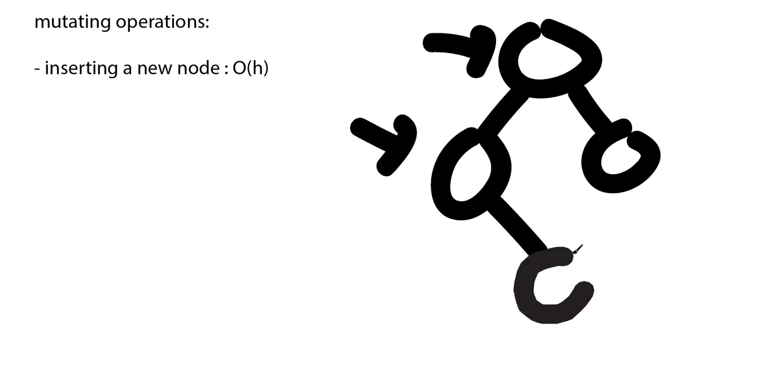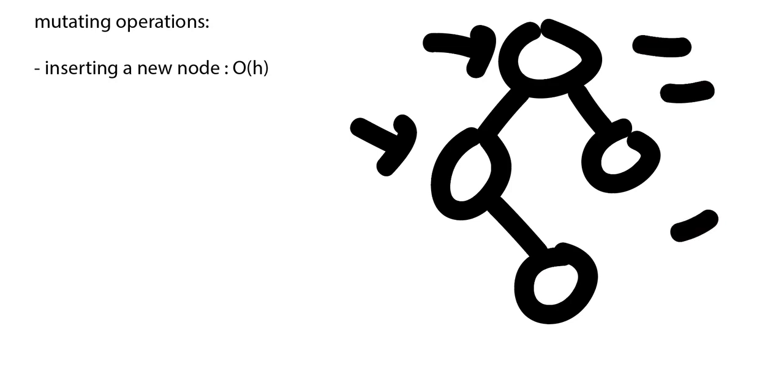Now boom, we insert something here. That's how we insert. So it's O of H, because you need to go down at most the height of the whole tree to insert.